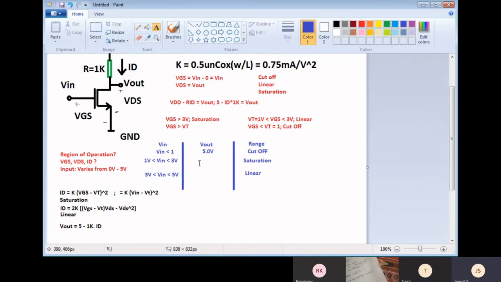Okay, so now I want you to tell me what the V out values or V out expressions are for the saturation region and for the linear region.